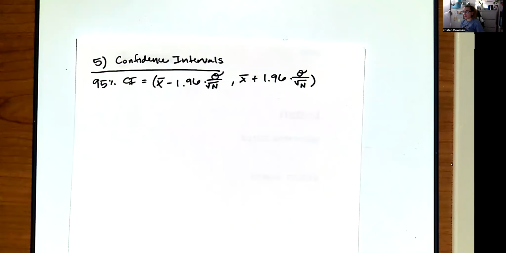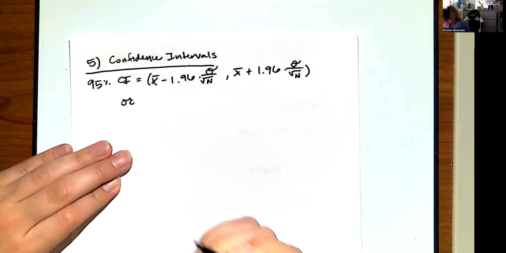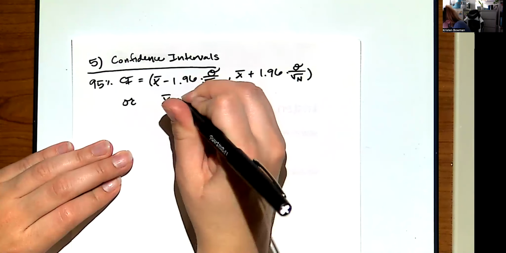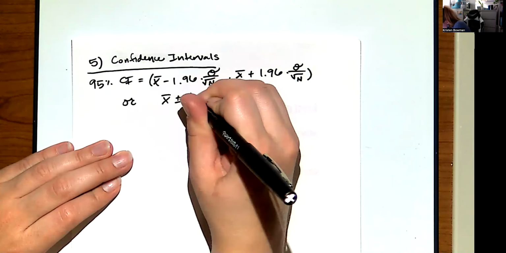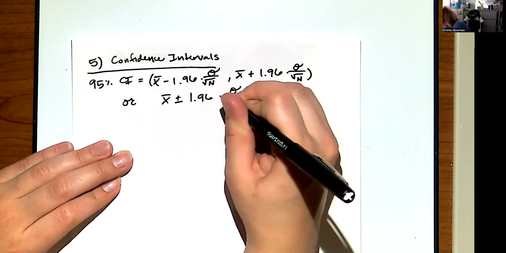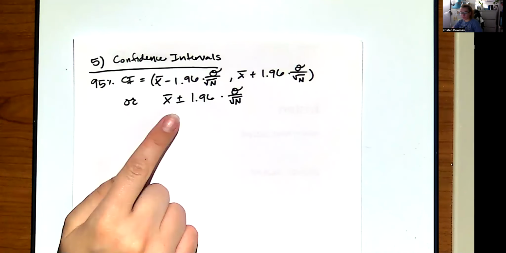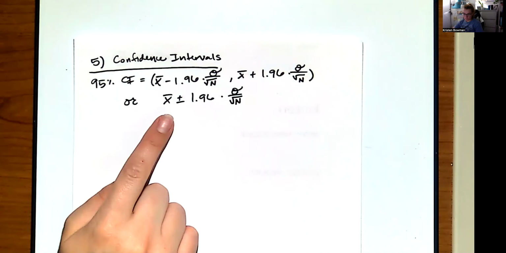Alrighty, that would be the long-handed way to write this. I'm going to write or X bar plus or minus 1.96 times sigma over the square root of n. This plus or minus indicates that you would want to do plus and minus, right?